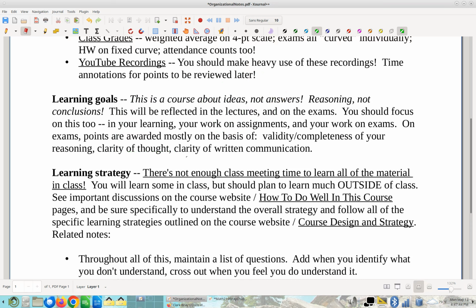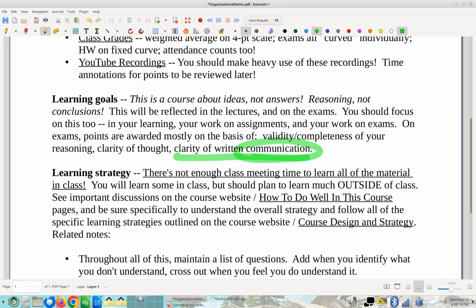I also include clarity of written communication. This is unavoidable and also important for other reasons. I can't give you credit for understanding ideas if you don't communicate effectively your understanding of those ideas.